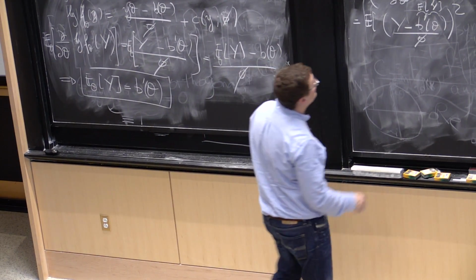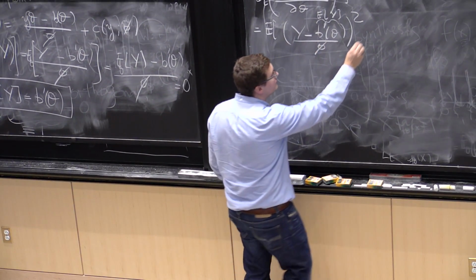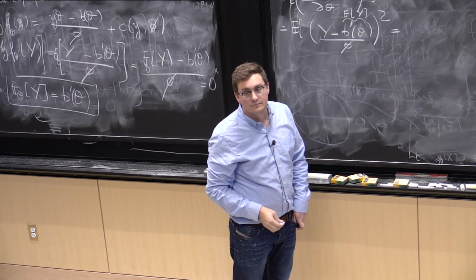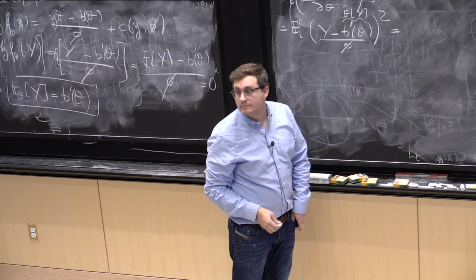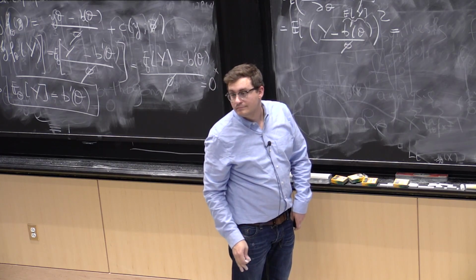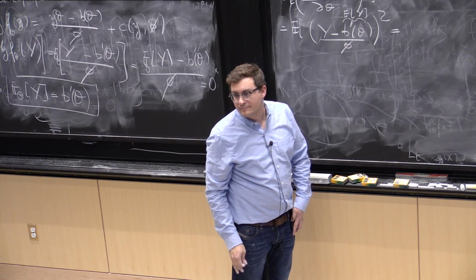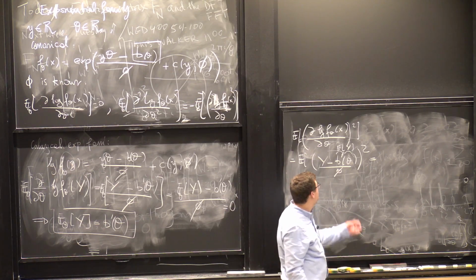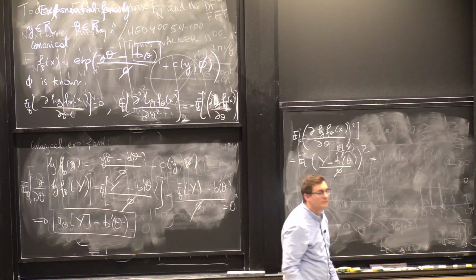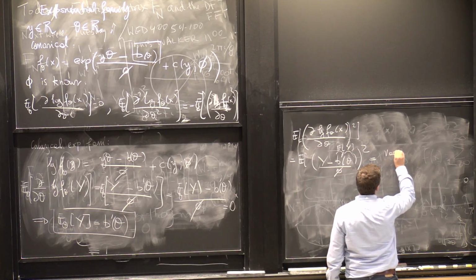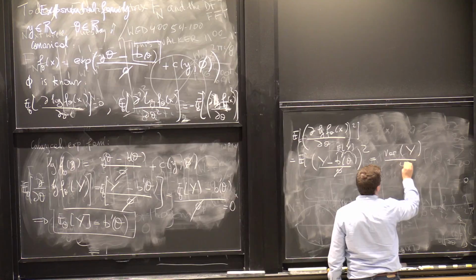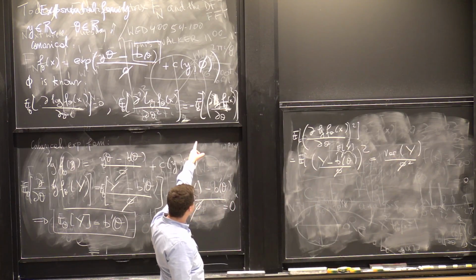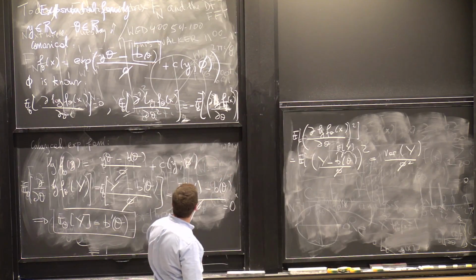So now, this is simply what? Anyone? I'm sorry? The variance of y, but there's the scaling by phi squared. Okay, so this is the negative of the right-hand side of our equality.